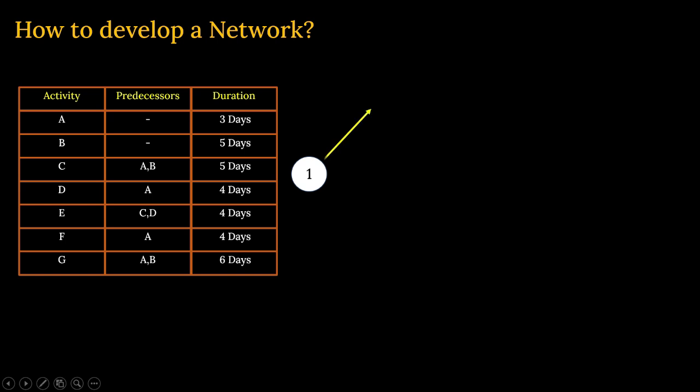So from here we are getting one activity which is named A, and similarly we are getting another activity starting from node 1, that is B. Okay, and then activity A is ending at node 2, and activity B is ending at node 3.